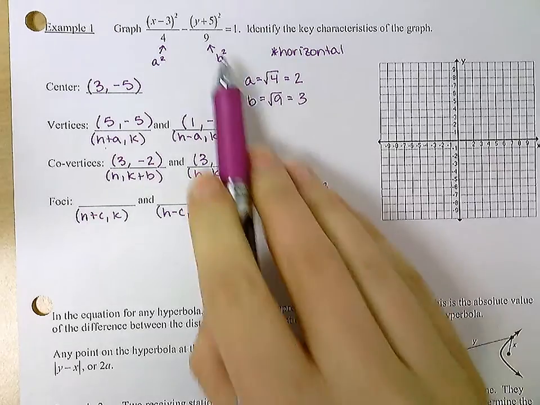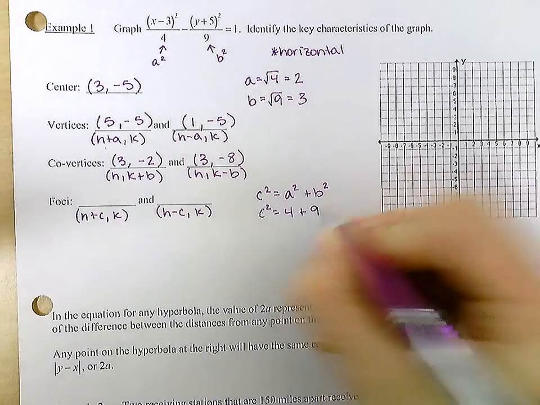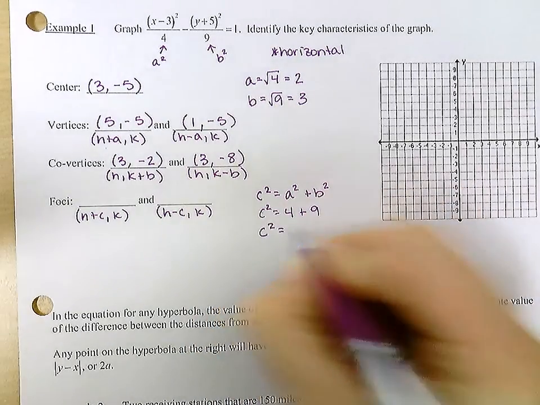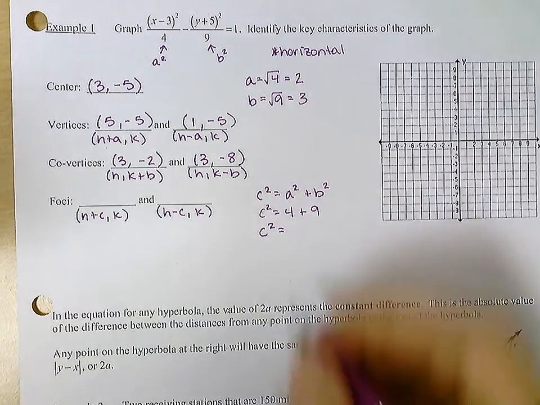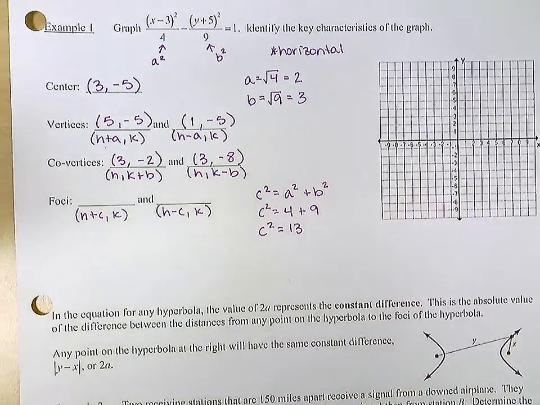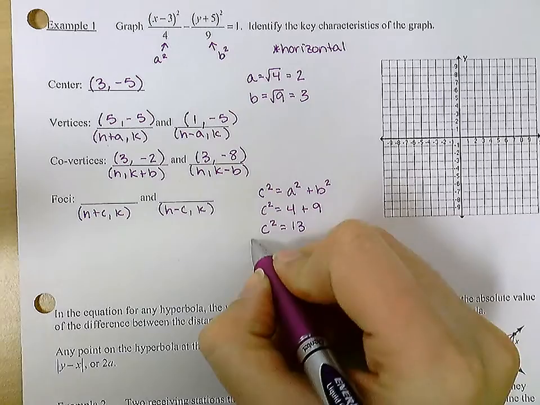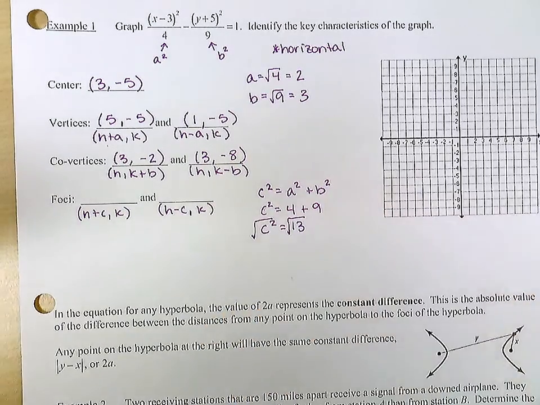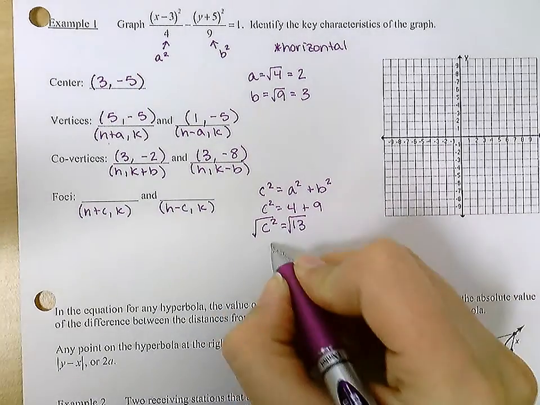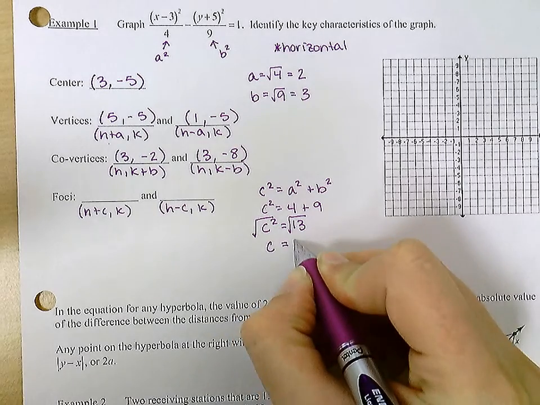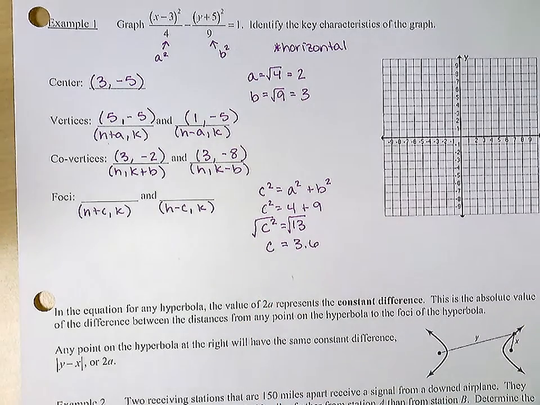Our b squared value is 9. And we want to add those together to get c squared is equal to 13. Then we just need to take the square root of both sides to get c is about 3.6 units.